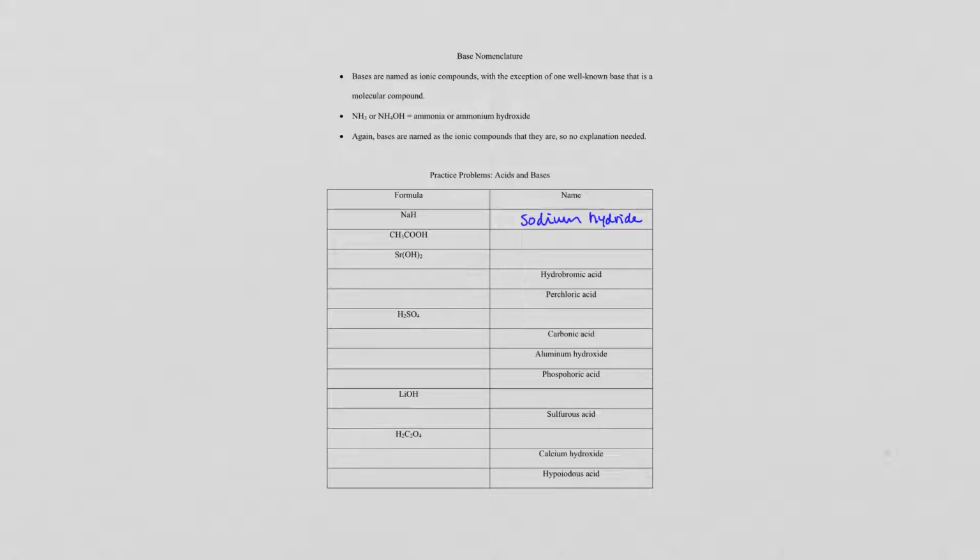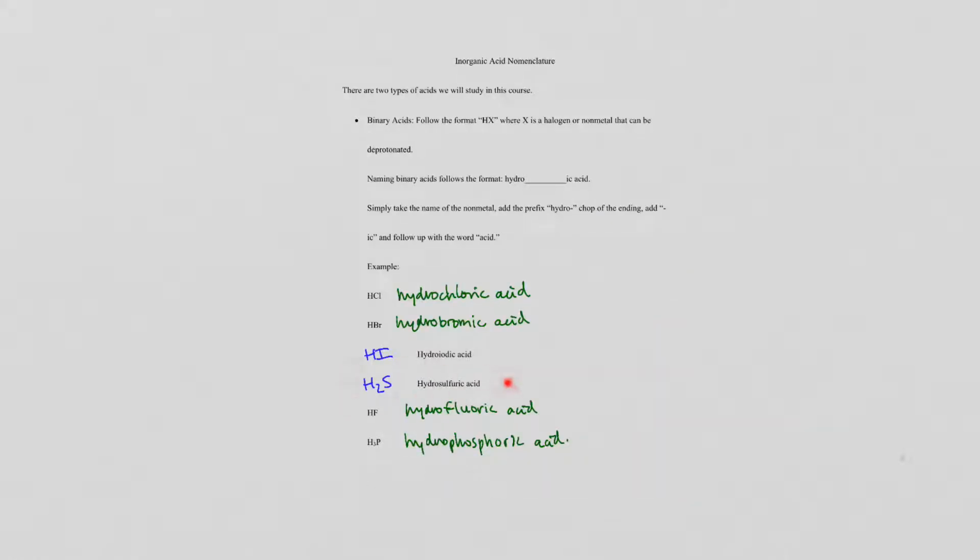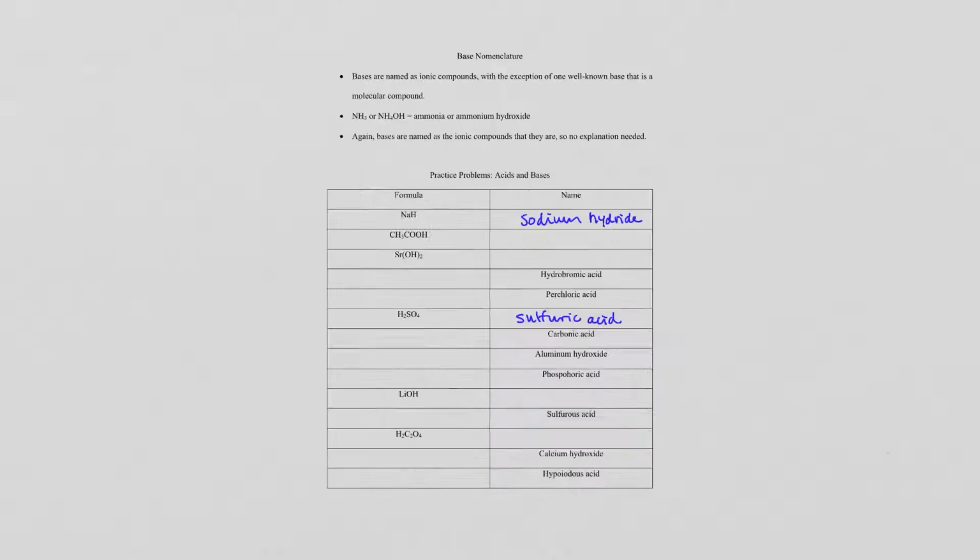We're going to skip down to H2SO4. If you've already watched the acids bases video, you'll know that this is sulfuric acid. And if we go back 2 pages, we had a hydrosulfuric acid. So the difference in those two names is very small, so it's important to get them right.